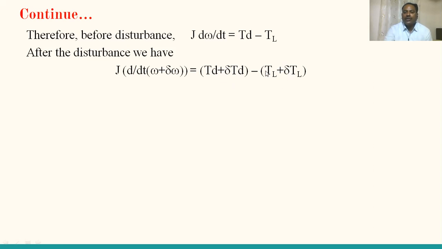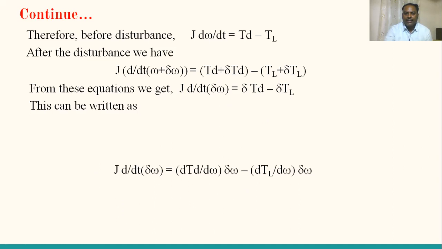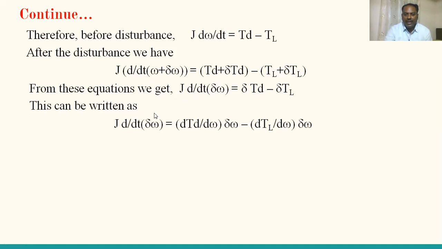The original load torque and the change of load torque are both considered. From this equation, you can express the variation after commencement as J d by dt of delta omega equals delta TD minus delta TL.